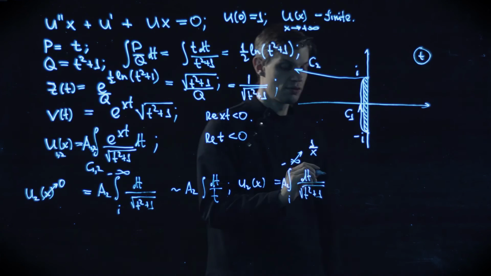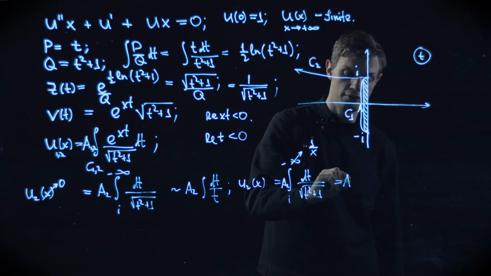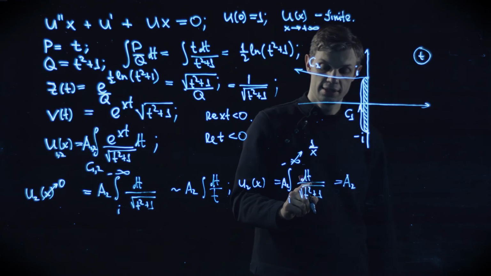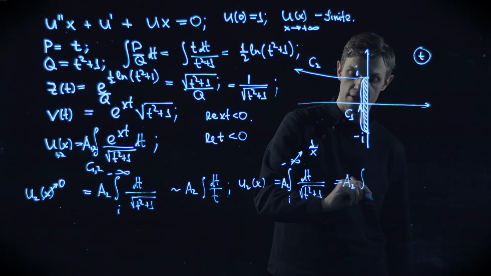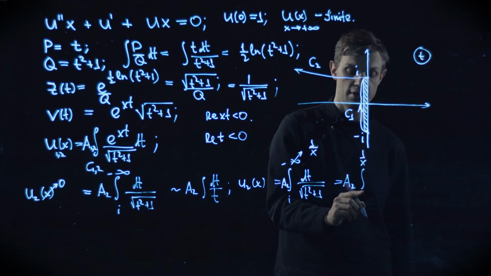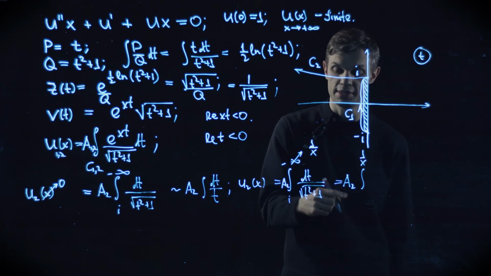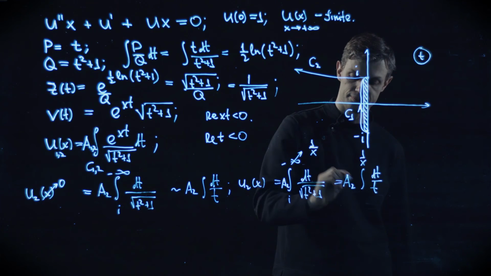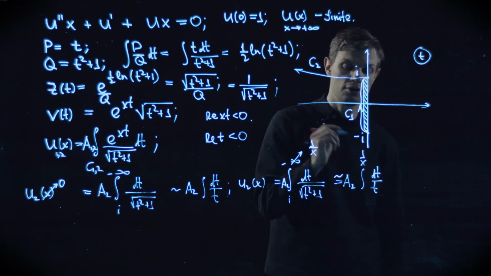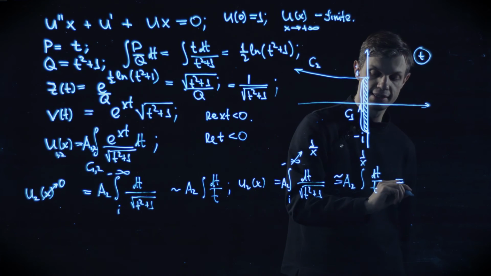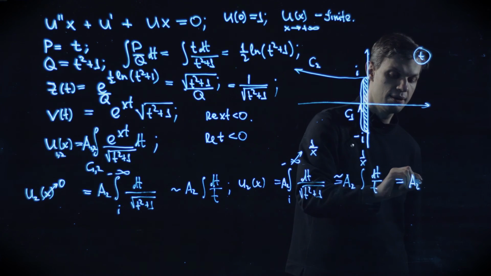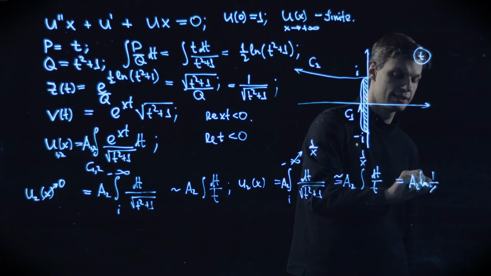And now we come to the estimate of the behavior of our solution u2 of x at small x. So the lower limit becomes irrelevant because it's a divergent integral. So we just integrate dt over t. And with logarithmic accuracy, we get the result a2 times the logarithm of 1 over x.